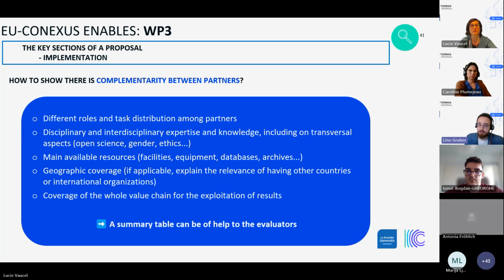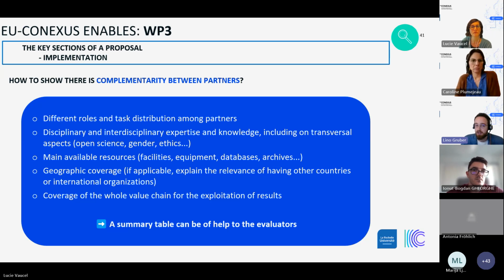Geographic coverage is also something that you want to insist on, as it can give you access to study fields or target groups that you wouldn't have otherwise. Coverage of the whole value chain.